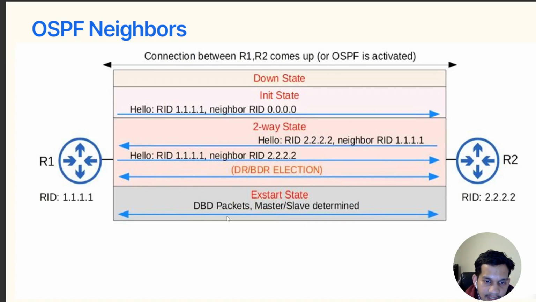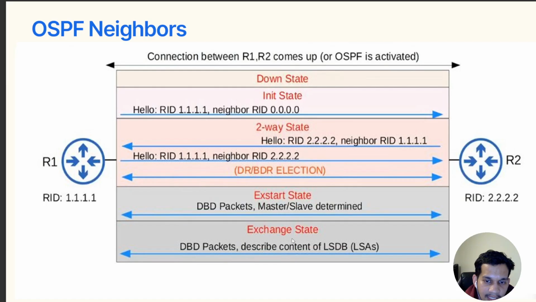Fourth, we have the ExStart state, in which it decides who will become the master and slave depending on the router ID. Then in the exchange state it shares the database description packets, which describe the content of the LSDB, the LSAs.